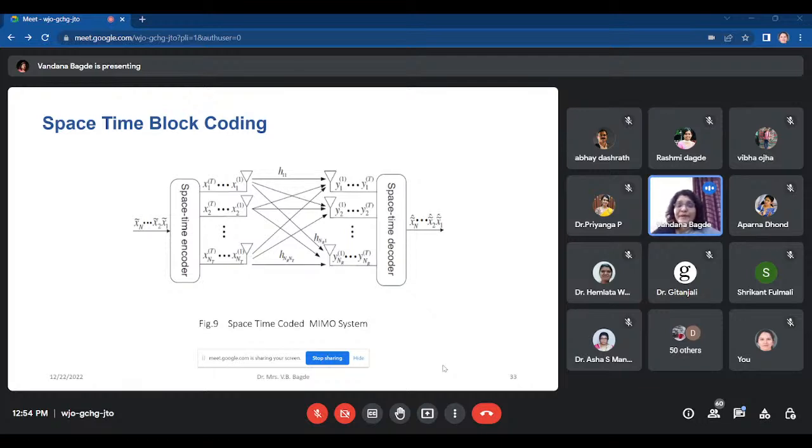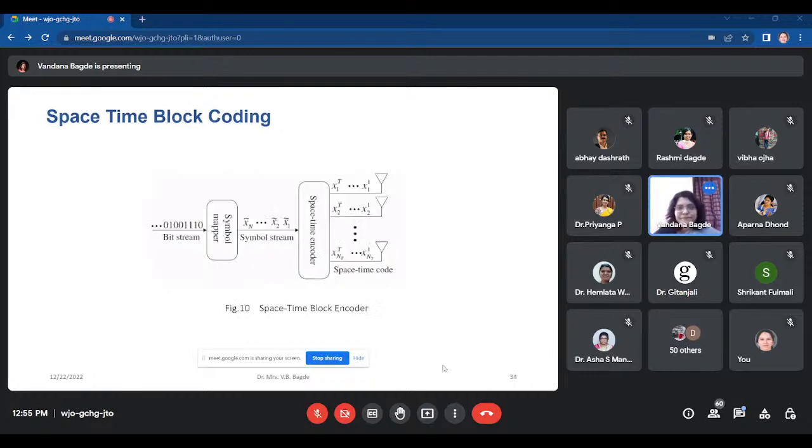So by using this space-time coded MIMO system, we can calculate the minimum distance as well as the exact amount of information, and we can increase the capacity. This is the coding technology. A bit stream is transmitted, and a symbol mapper maps the symbols and accordingly generates a stream.